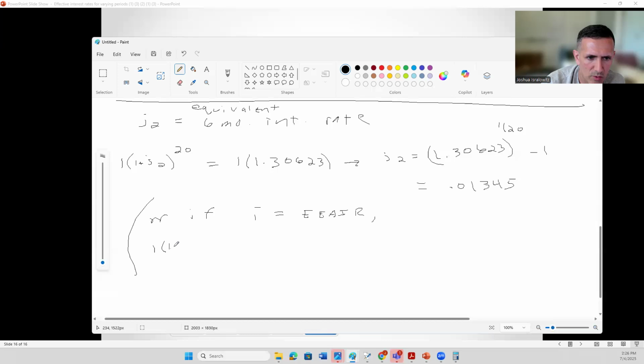Then 1 plus i to the 10th. Same logic: if we're working with a 1-year interest rate, then $1 grows to 1 plus i to the 10th in 10 years. But we also know money grows by 30.623% every 10 years.